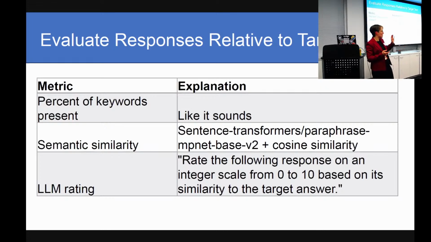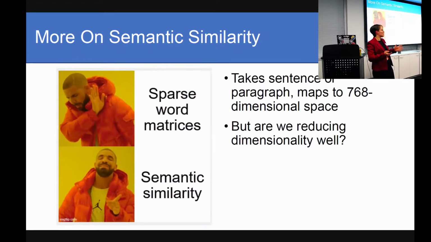Okay. So we have these three ways of evaluating how close these two texts are. Okay, so a little more on semantic similarity. It's inherently sort of difficult to take text and compare it to other texts. When I first started doing a little NLP some years ago, we were using what was called a sparse word matrix.